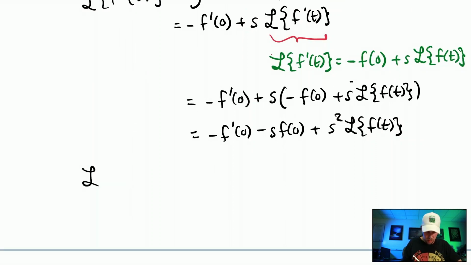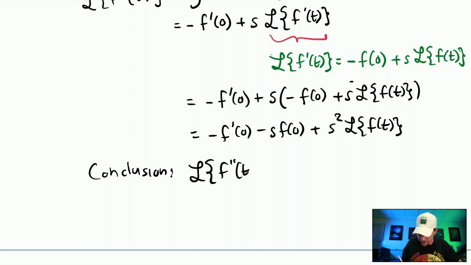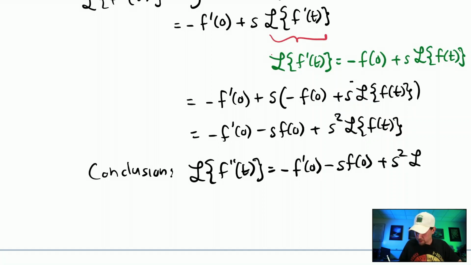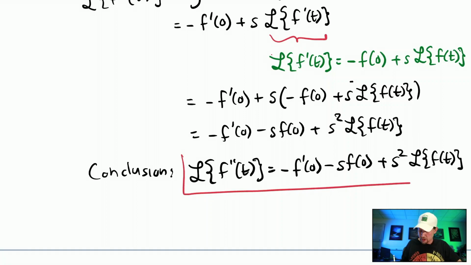So the conclusion is that the Laplace transform of the second derivative of f is equal to minus the value of the first derivative of f minus s times the value of f plus s squared times the Laplace transform of f of t, like this. And this is a major conclusion.